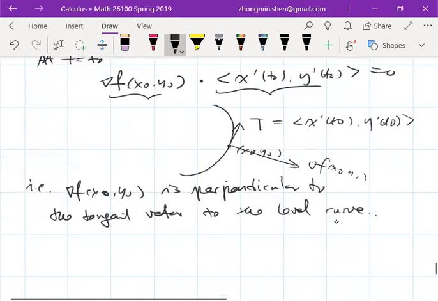If you already know it's always a unit vector, you don't need to mention it. In some textbooks, when you say in the direction of u, it's just the inner product between the gradient and u, so that's why they have to emphasize this is a unit vector. We must use a unit vector to define the directional derivative.